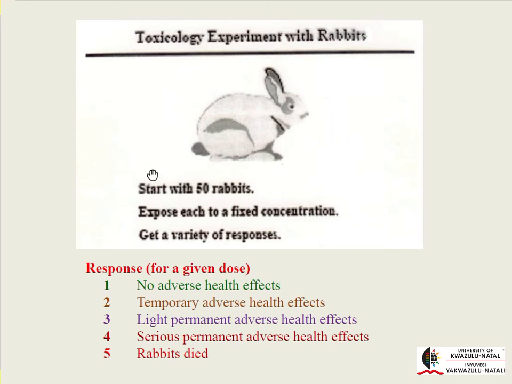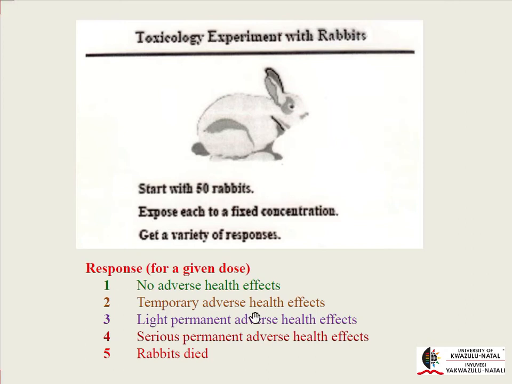But looking at the general trend, you start with a population of rabbits, you expose them to a fixed concentration, and you get a variety of responses. You can categorize those responses as follows. For any given dosage, you expose the population to that dosage and you record the responses. Some members of that population will have no adverse health effects.